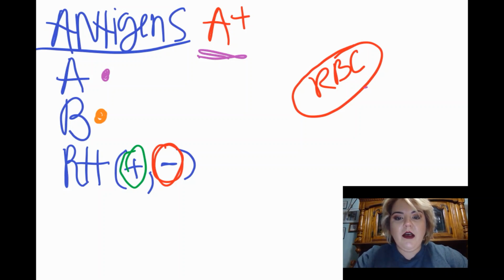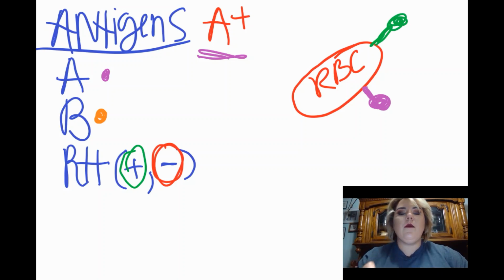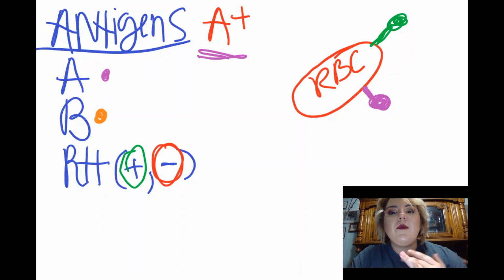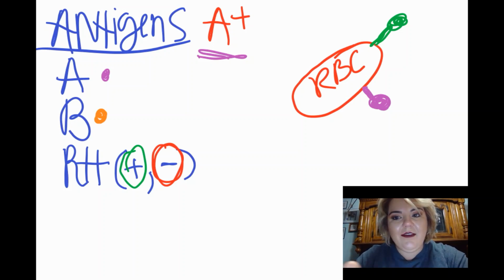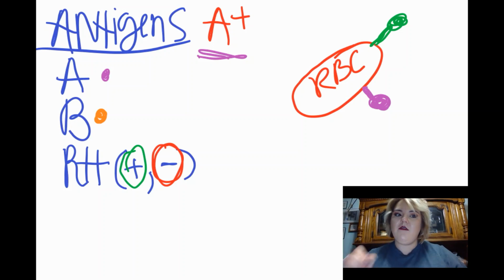So for A positive blood, we're going to have the antigens that signal for A, and we're positive, so we need that RH antigen as well. So by looking at this red blood cell here in our example, we see that we have the A antigen and the RH antigen, which makes our blood A positive. Okay? I hope everybody is following along so far.